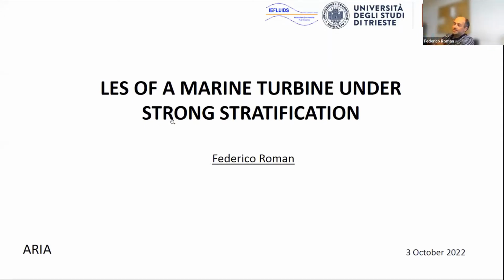So the topic I will present today is about large eddy simulation of marine turbine under strong stratification. Partially it is related to the work we are doing in the AIRE project together with the University of Sevilla and Valorant, although in that case we are working on a reduced model for wind farms.